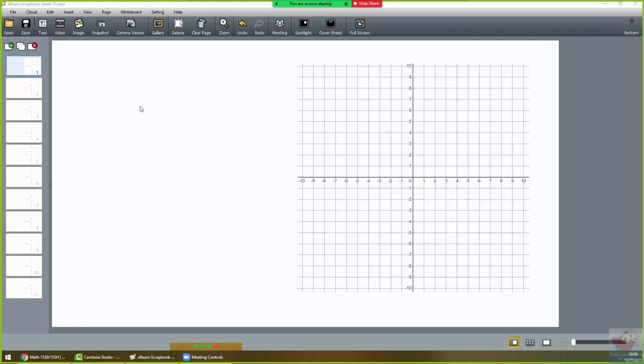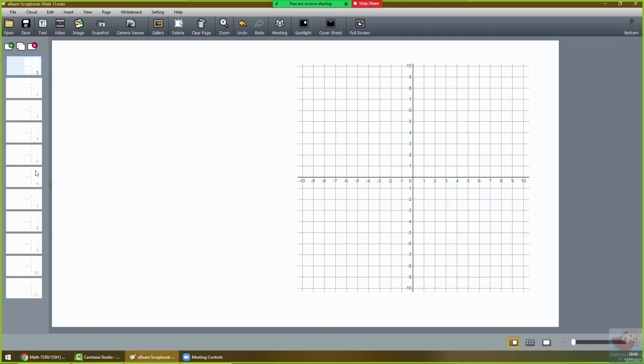Our next section is 10.2, which is technically talking about circles and ellipses.